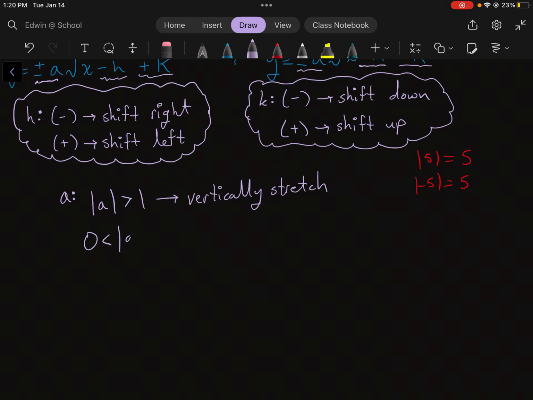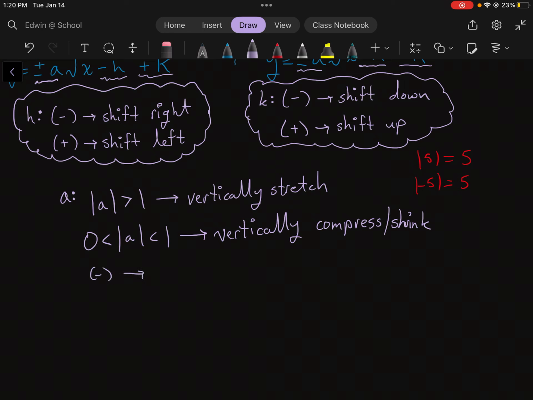If a is in between 0 and 1, or basically, in other words, it's a fraction, then it's going to vertically shrink, which makes sense. If we make things into a fraction, vertically shrink or compress, it's the same thing. If we make things into a fraction of itself, then it's going to be smaller, obviously.